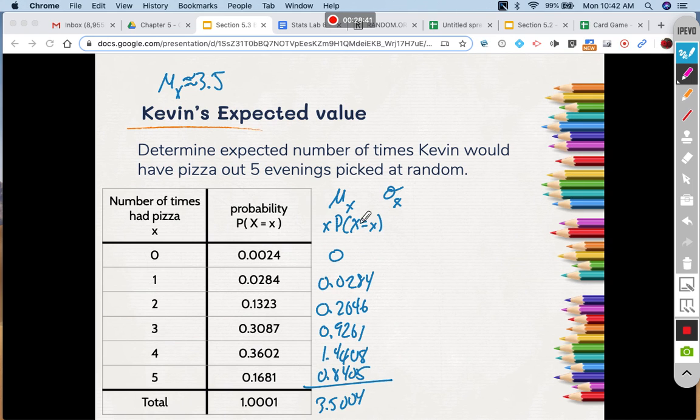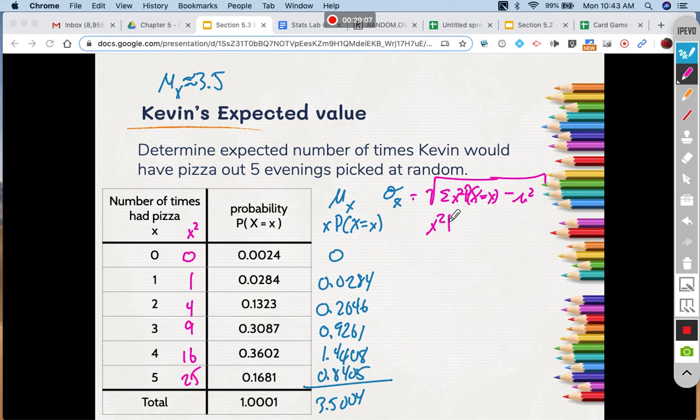To go ahead and find sigma sub x, I'm going to use the computing formula, which was the square root of the sum of x squared times the probability that X equals x, minus mu squared, because it seems easier to do. So x squared is 0, 1, 4, 9, 16, 25.